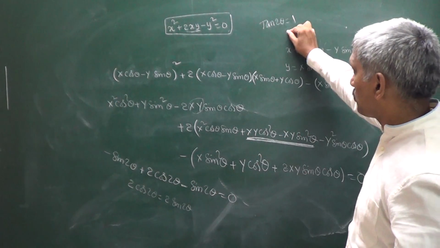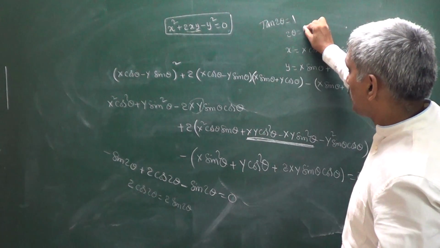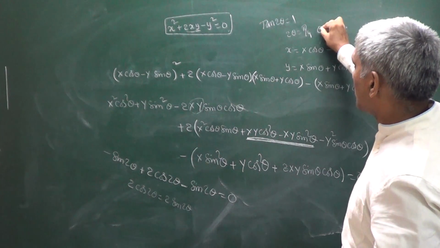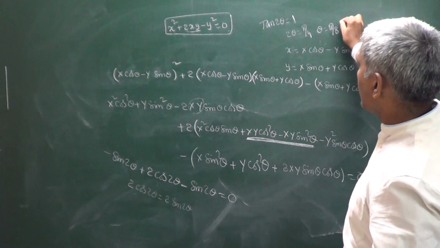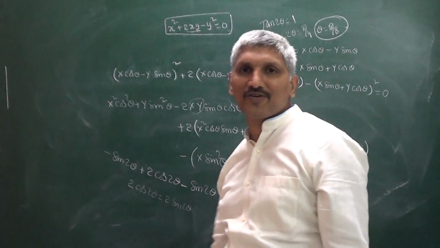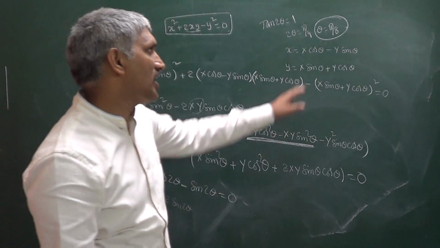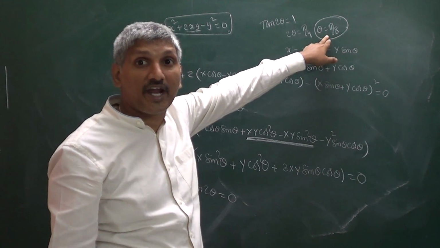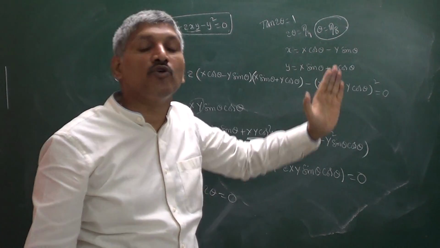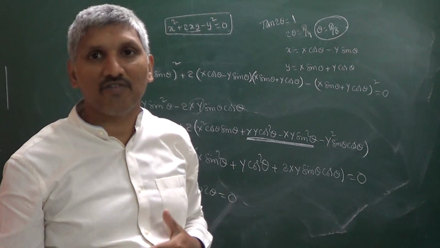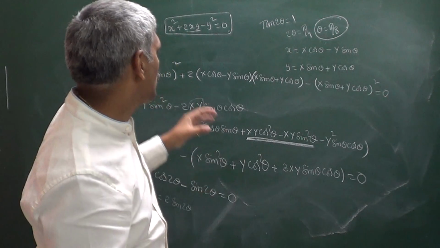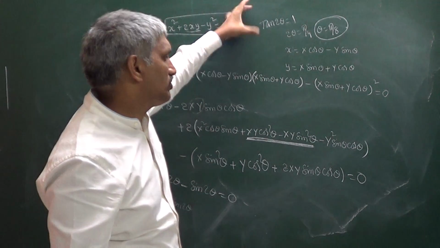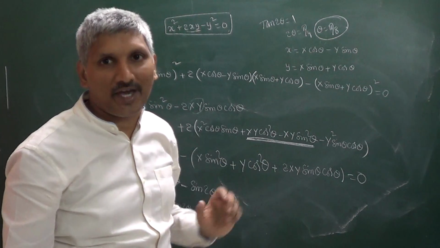Tan 2 theta equals 1 means 2 theta equals 45 degrees, so theta is equal to pi by 8. So this is the angle of rotation. We have to rotate with this angle to remove the xy term from the given equation, right?